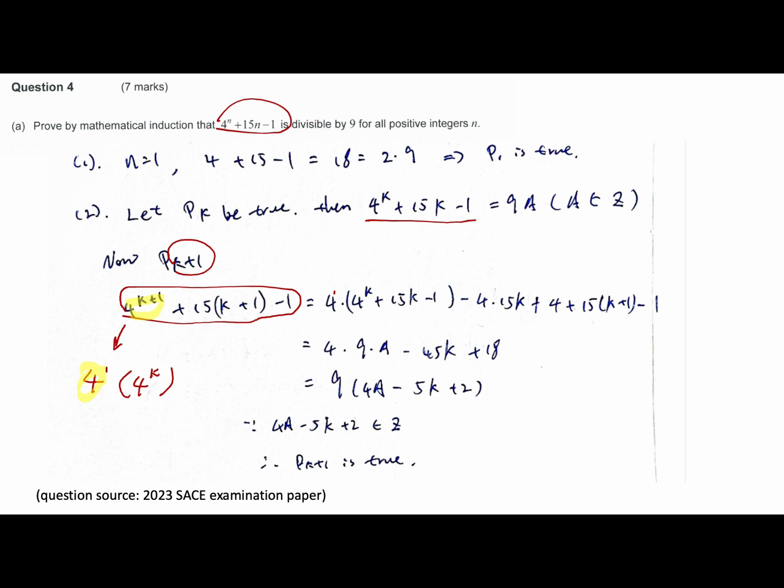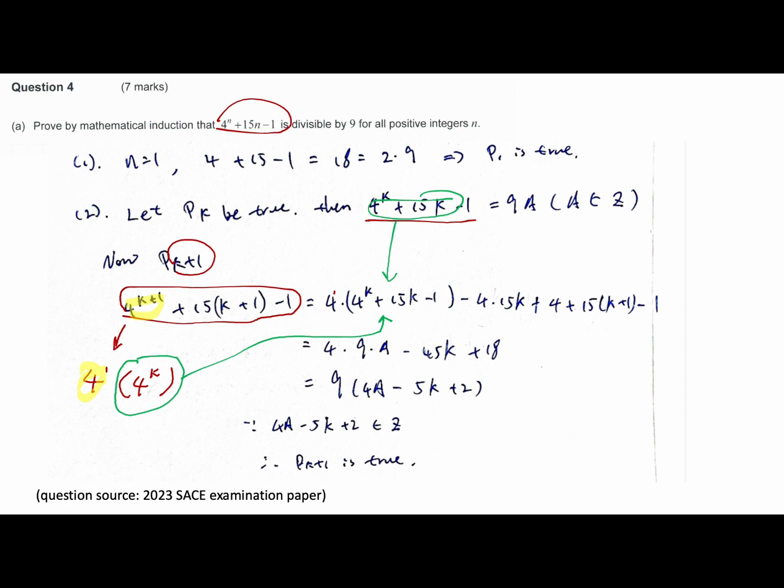And then, remember I said that you do not need to overthink. You just need to write down your assumption here. And then you just apply the inverse operation because you introduce something, because originally it was 4k, and then you introduced something else like plus 15k and minus 1.